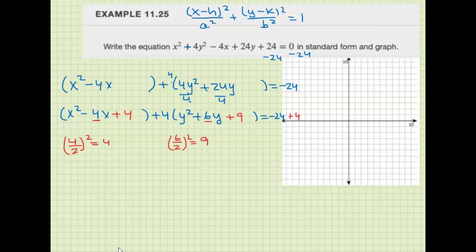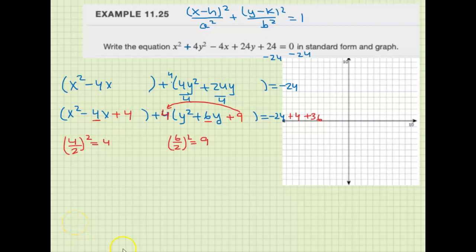We add 9 here. But on the other side, you don't add just 9 because this parenthesis has a 4 in front. So what I added to this side of the equation was 9 times 4, not just the 9. So on that side, you multiply the 9 times the 4, you get 36. So you've got to add 36 to both sides.